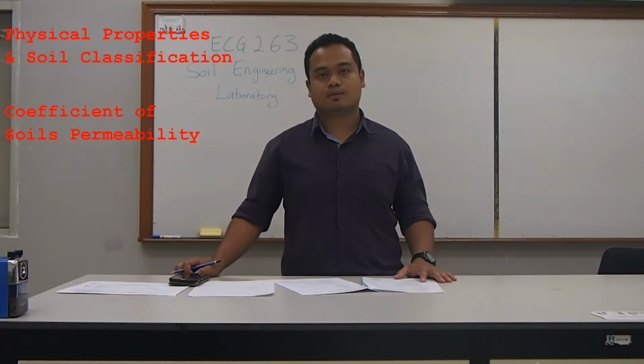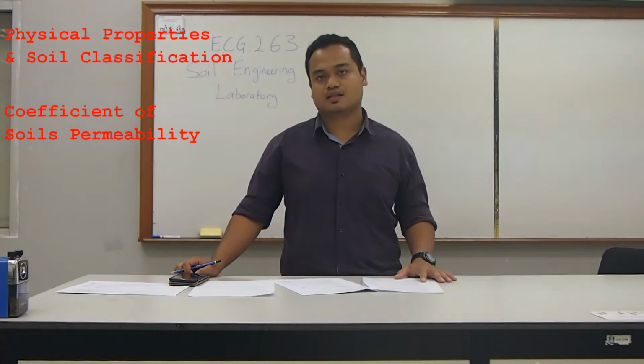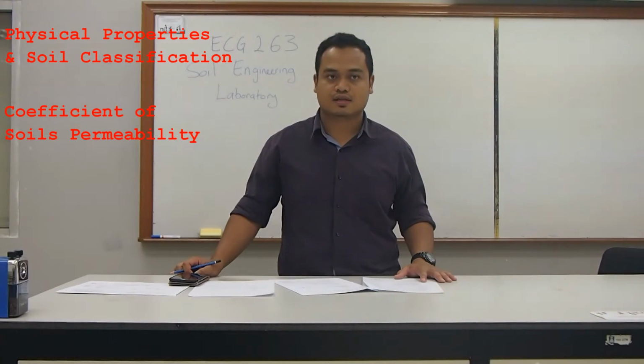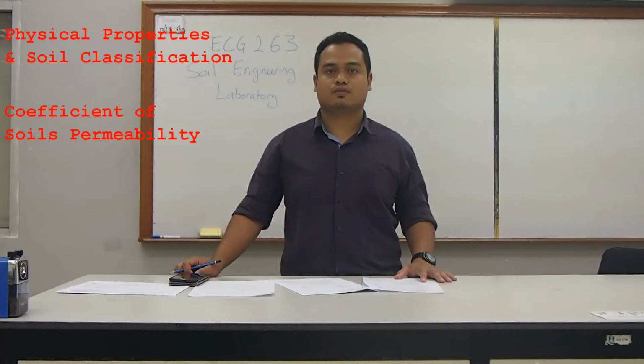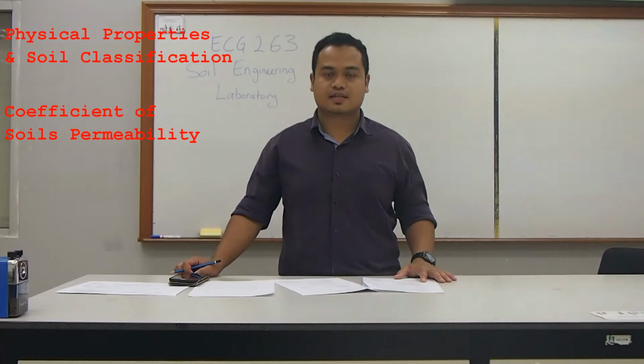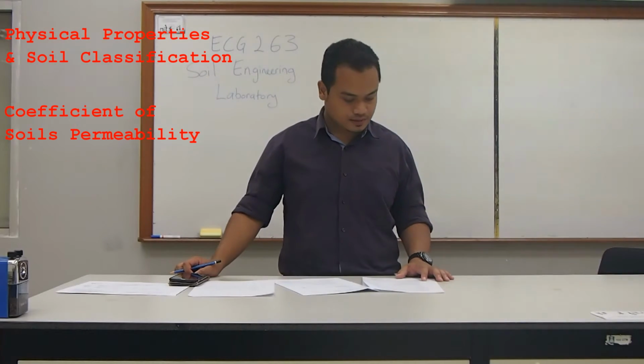In soil permeability, we have two types of tests, which are the constant head and falling head tests. We will conduct both of these tests, but we must first identify which type or category of soil we need to conduct the procedure on.